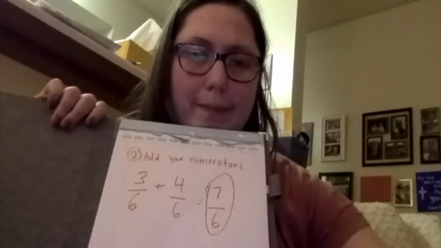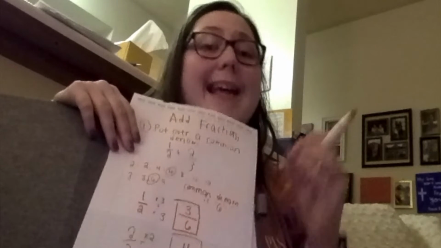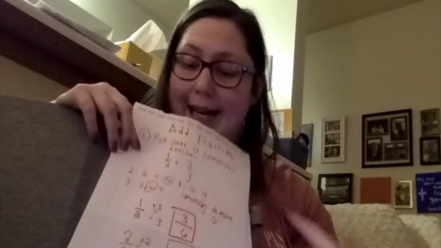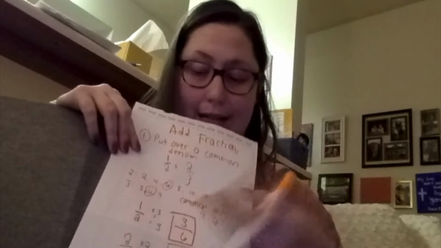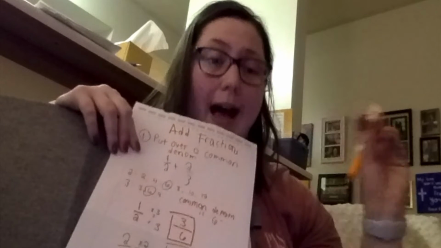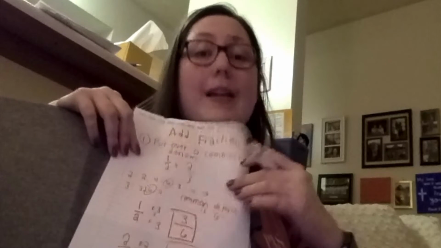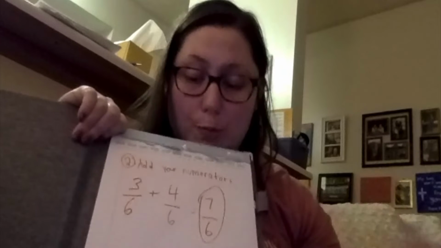So, step 1, I first created 2 fractions with a common denominator. I did that by finding my common multiple and then doing my whatever you do to the bottom, you have to do to the top problems. I found my new fractions were 3/6 and 4/6. The only thing we added today was adding our numerators. So I took my 2 new fractions.